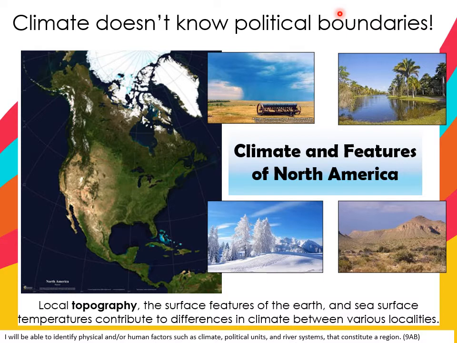Monitoring soil temperatures is one way that geologists study the climate of an area. Soil temperatures indicate the heat transfer processes that occur at the Earth's surface. And that's what we can see is causing atmospheric changes, or atmospheric changes are causing changes to the soil itself. Local topography, the surface features of the Earth, and sea surface temperatures contribute to differences in climate between various locations.